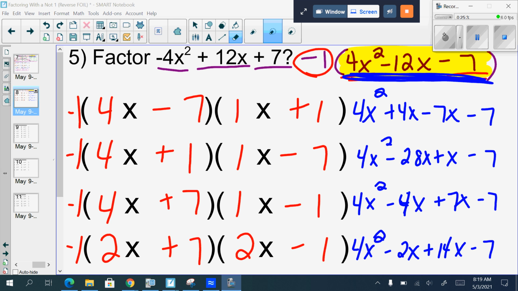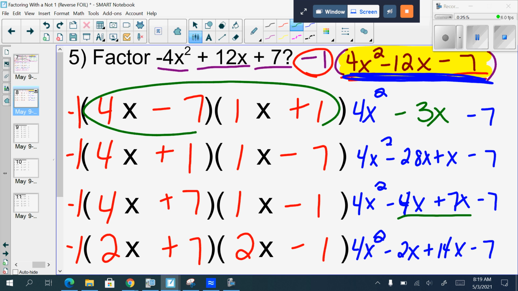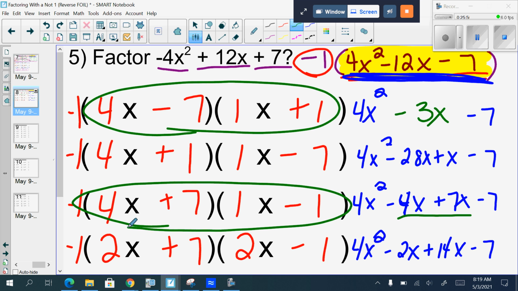Okay, so I have foiled out a few of these. So this first one, the middle terms, watch your signs now that we have some negatives involved. 4 minus 7, that's going to give us negative 3x, which is not what we're looking for. Guys, jump down to this one for a second because I want you to notice this. Look how close these combinations are. Do you see how all I do is have opposite signs?